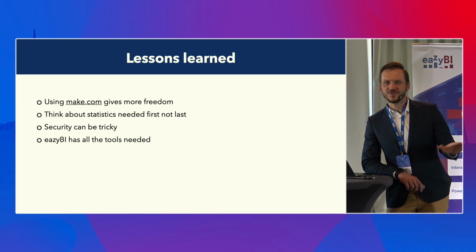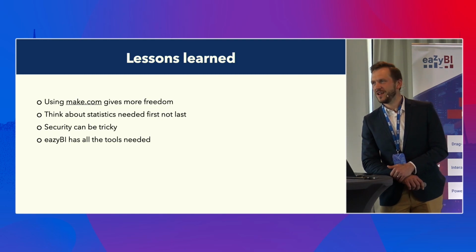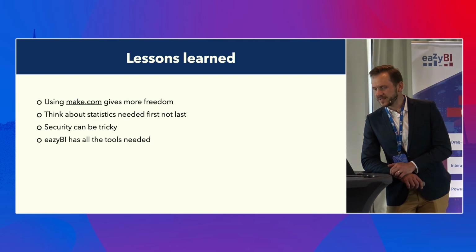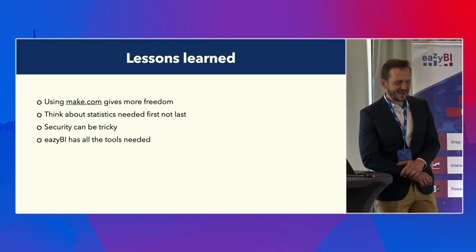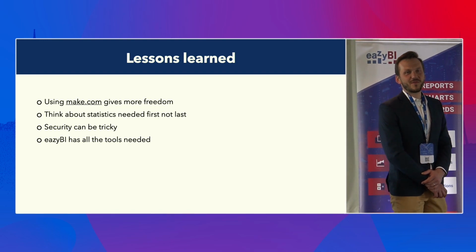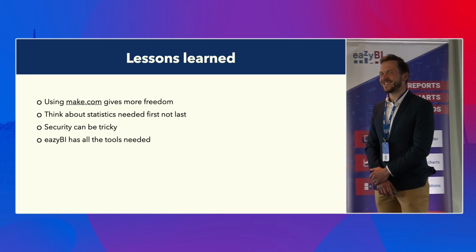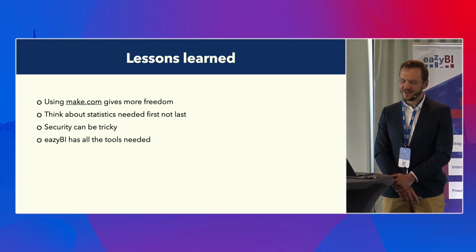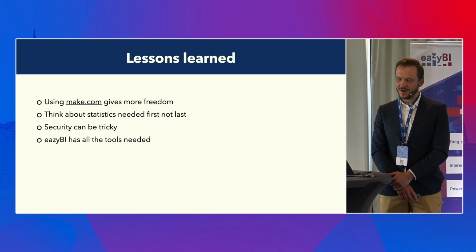They just say, okay, use Zapier or make.com integration, because it just takes away so much of the integration hassle. And then, think about statistics maybe before you start the project, not after it. That is something we learned from our mistakes.